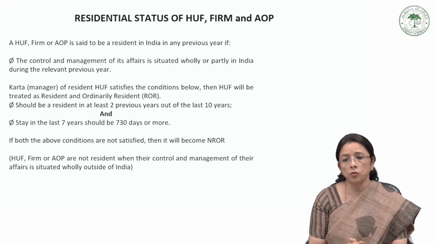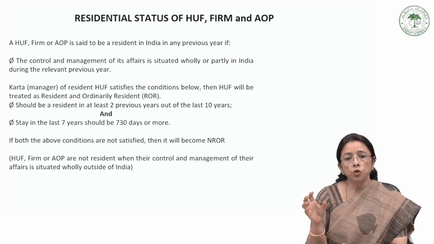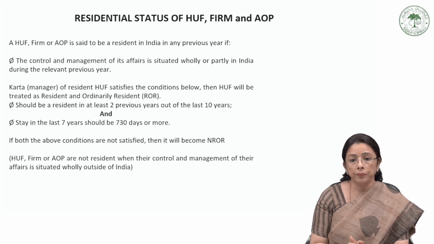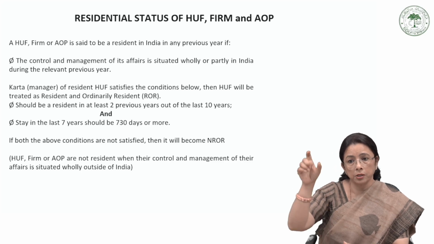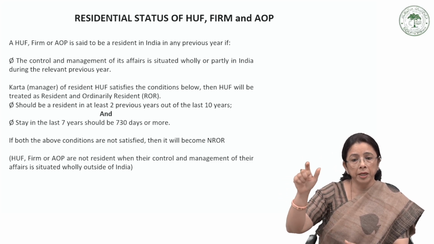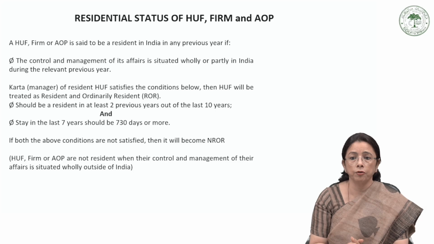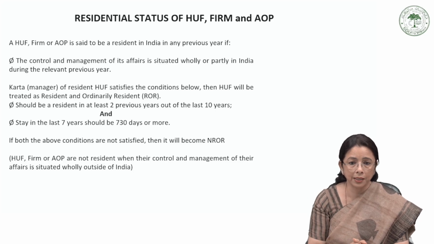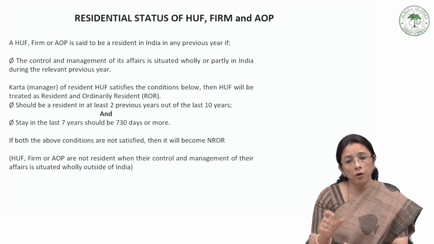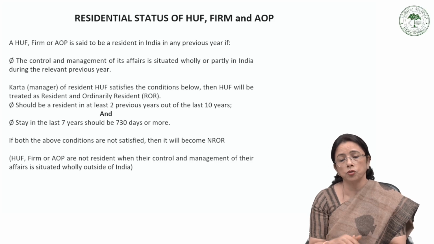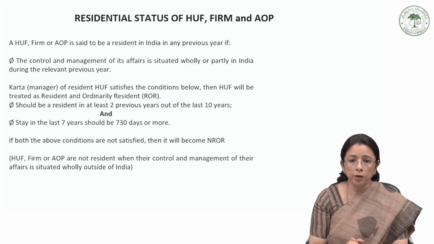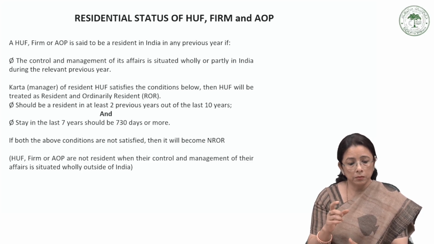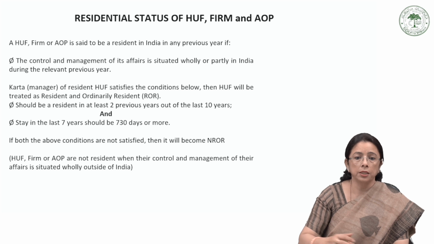The firm's control and management is considered to be situated partly in India, and therefore it will be treated as a resident firm, because in Mumbai the major policy decisions take place. However, if all the strategic decisions and control lie outside, maybe in London or in a Dubai office, the firm will be treated as non-resident.